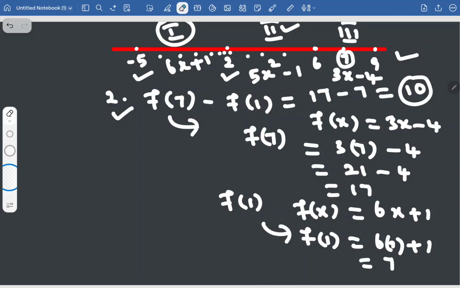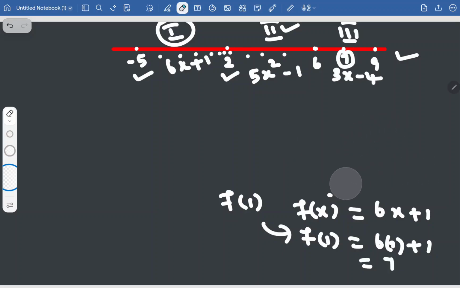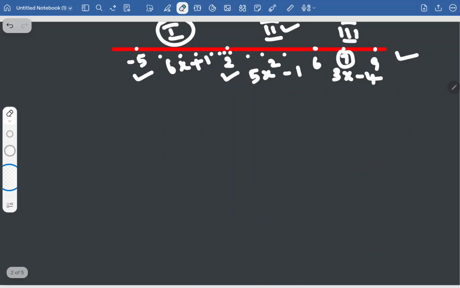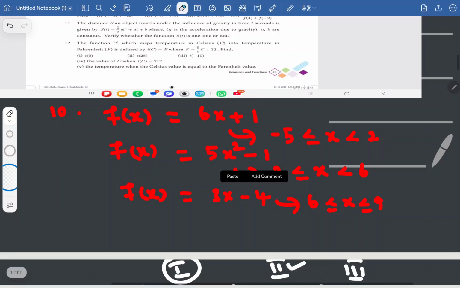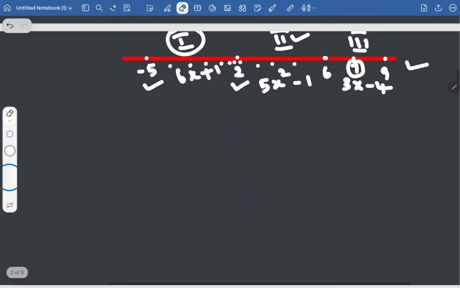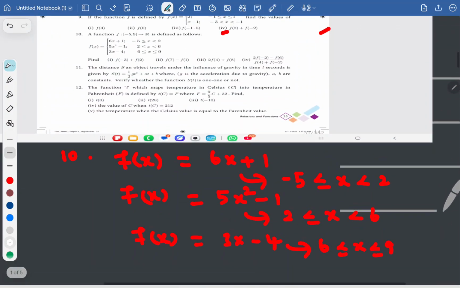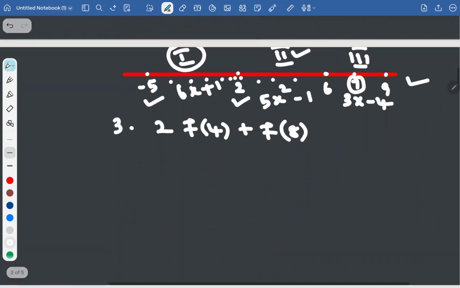Now I am going to find the answer for the third subdivision. What is the third subdivision? 2 times f of 4 plus f of 8. First find f of 4. f of 4 means second interval. 4 lies in the interval 2 to 6.